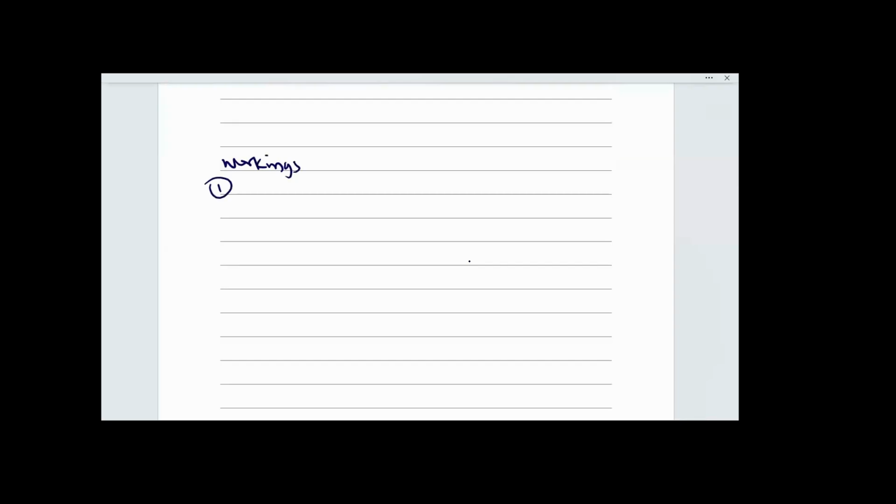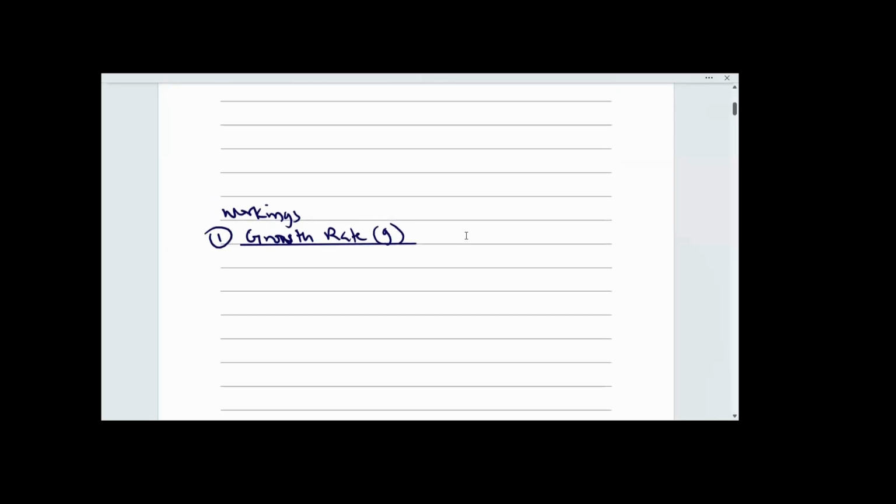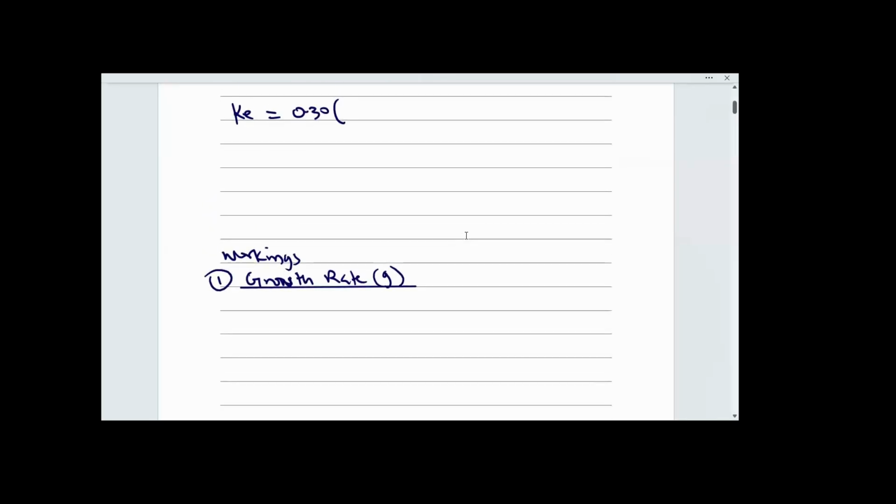Working number 1, I want to calculate growth rate, G. So I need to ask myself, how am I going to calculate the growth rate? Am I using the historical pattern of dividend payments, or am I to use the Gordon growth model?